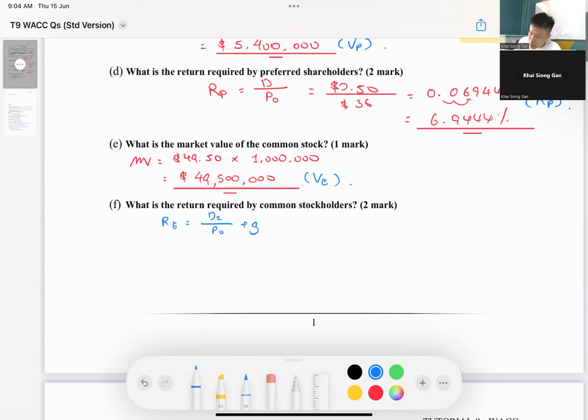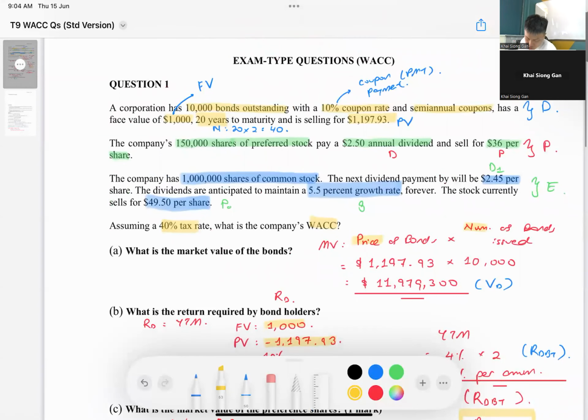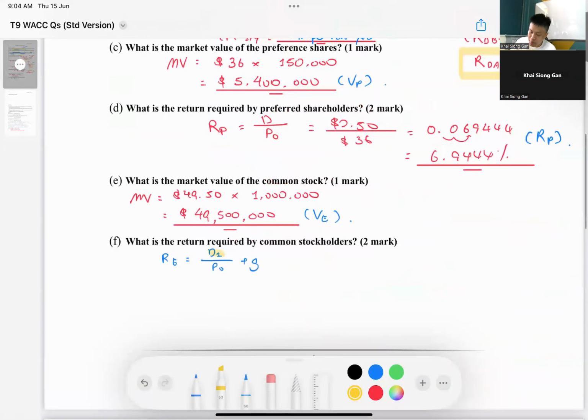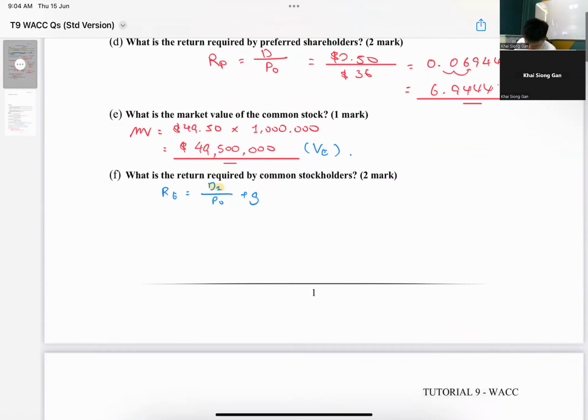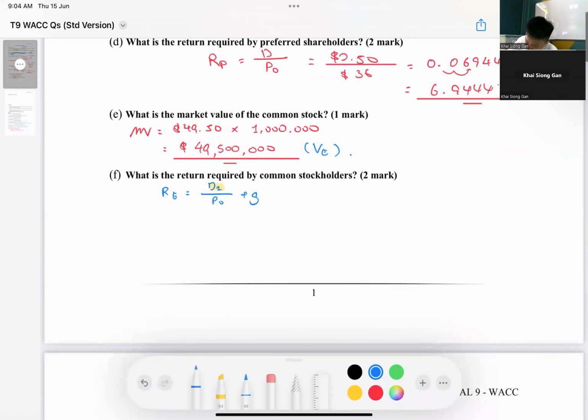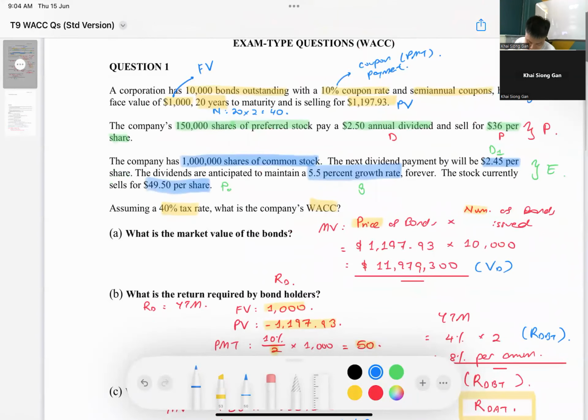But one problem: we do not have D1, because they give you D0. Okay, we got it, that one is D1. In case in the exam they do not give D1, then you need to calculate it from D0 like what we learned in the previous class. I'll show you later when we do the questions. This one is easy, they give you all the figures ready.